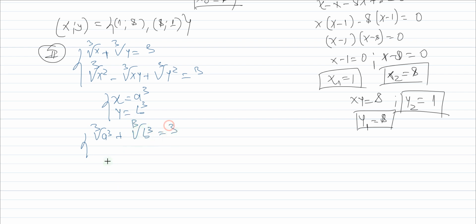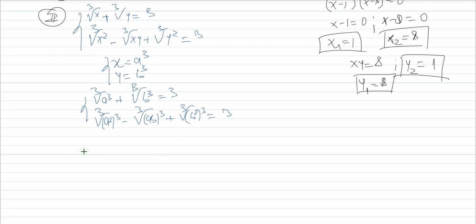And then here we have the same thing: the cubic root of a squared to the 3, minus the cubic root of ab to the power of 3, and then plus the cubic root of b squared to the power of 3, and this is equal to 3.